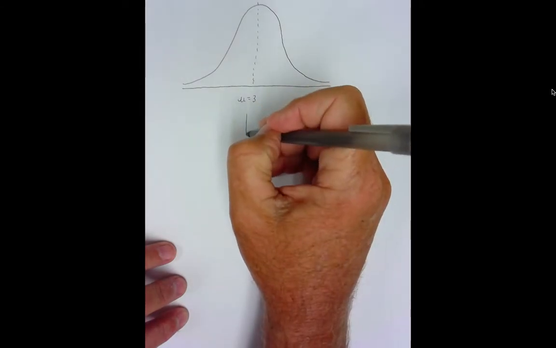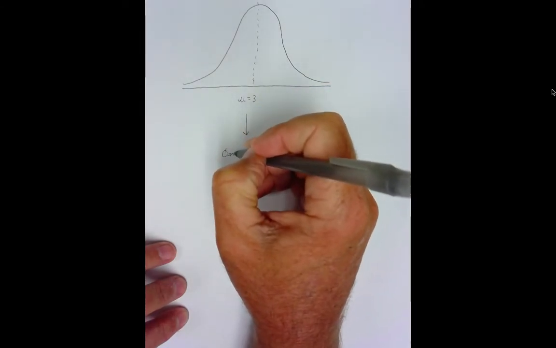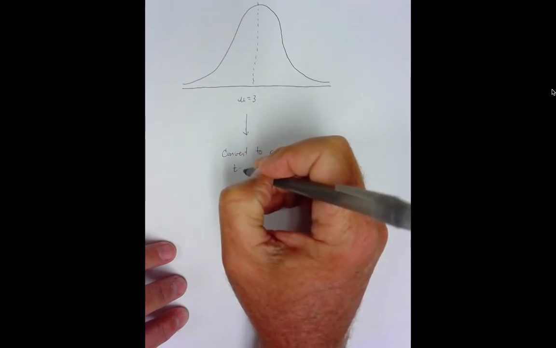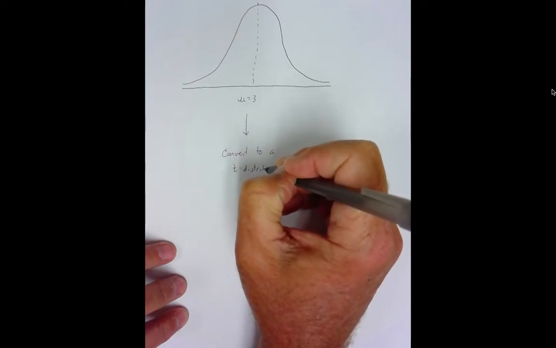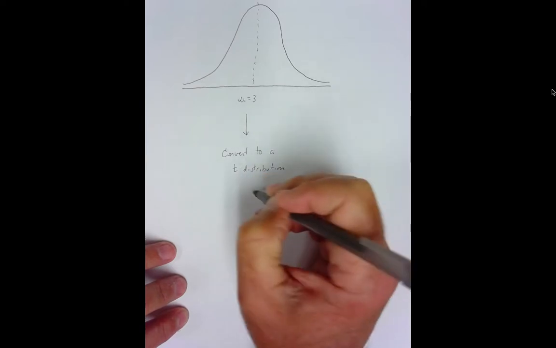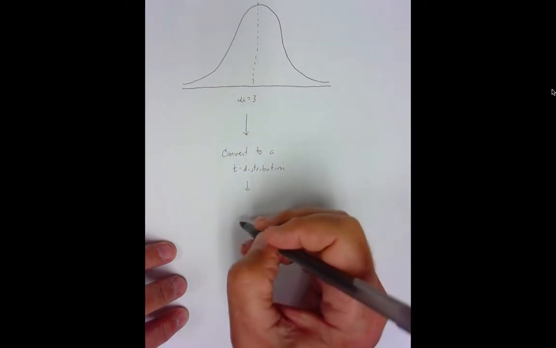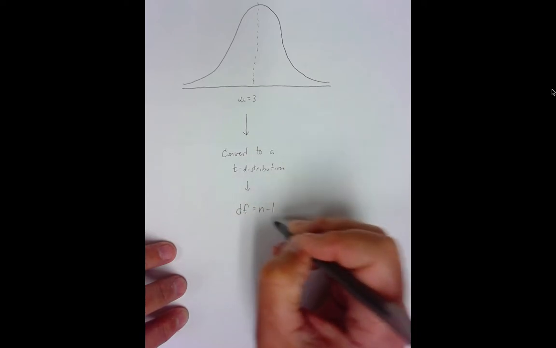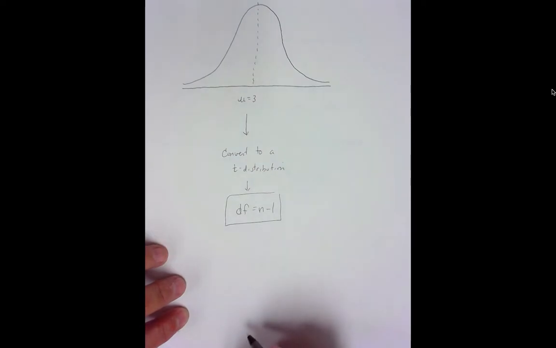The first thing we do is we convert this to a t-distribution. And we have to remember that the t-distribution depends on what we call the degrees of freedom, which is n minus 1.